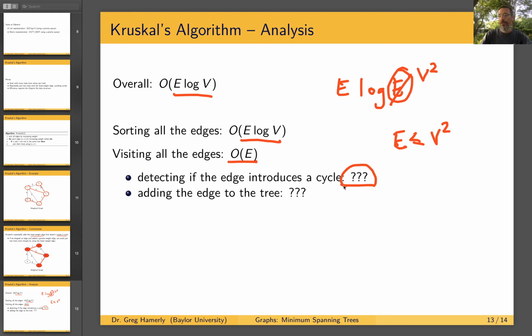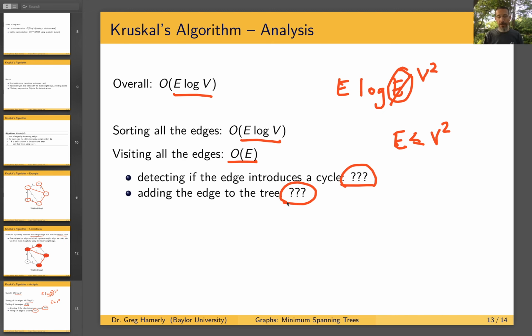How quickly could we answer that? Don't know. It might sound simple, but it's actually a deep question. And how quickly could we add the edge to the tree? Again, don't know. It sounds simple, but if I were to take you through a detailed analysis, we don't actually have the tools to answer both of these questions efficiently at the same time right now.